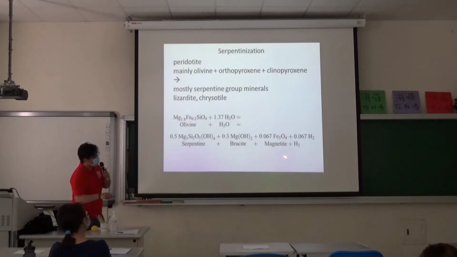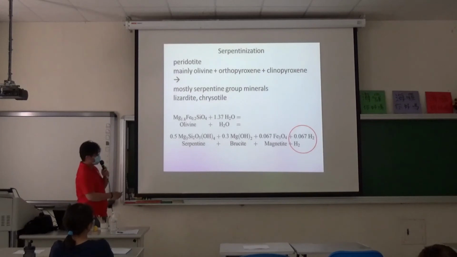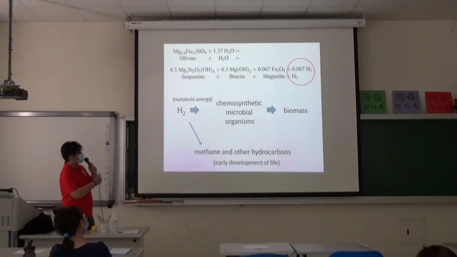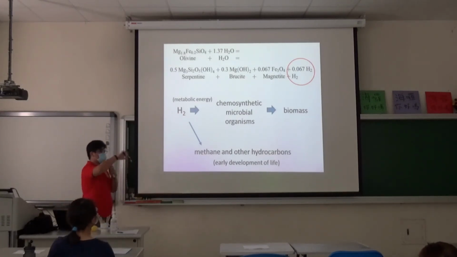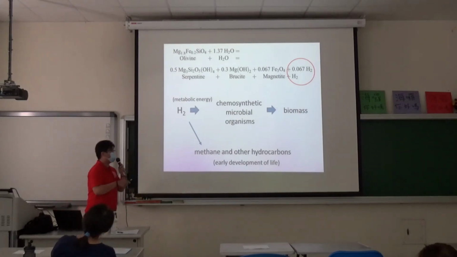And here, hydrogen is a little important. Hydrogen is relative to our last question, the life. Because the hydrogen produced here in some environments, just like the hydrothermal vent, and they have chemosynthetic microbial organisms.